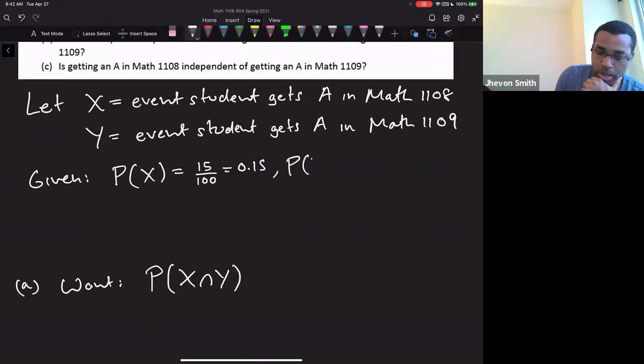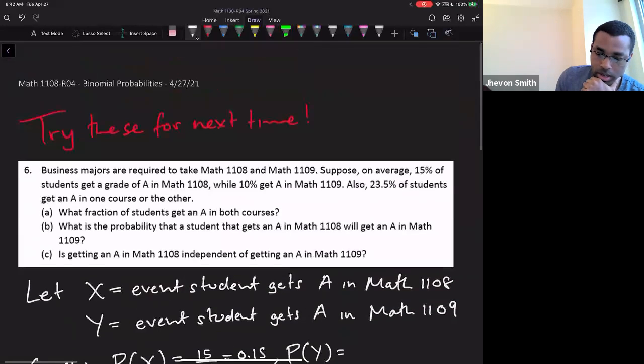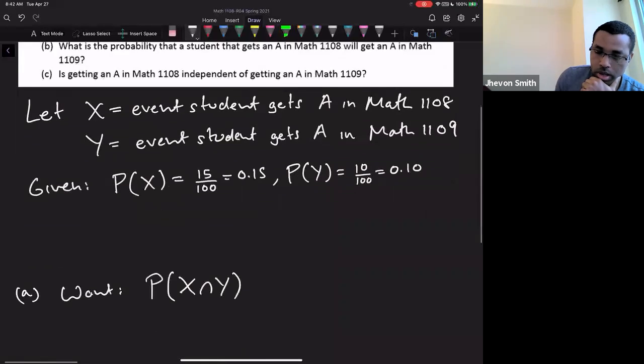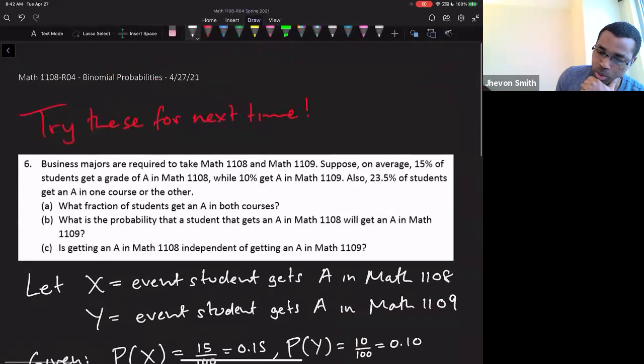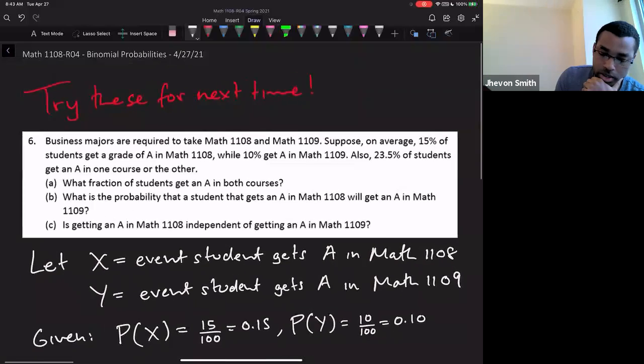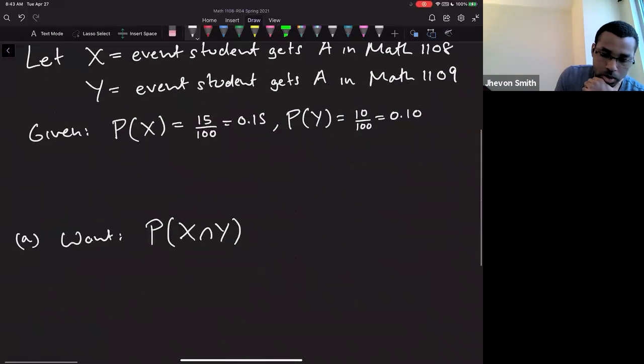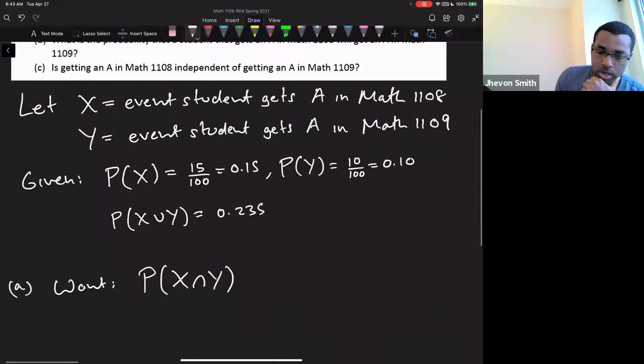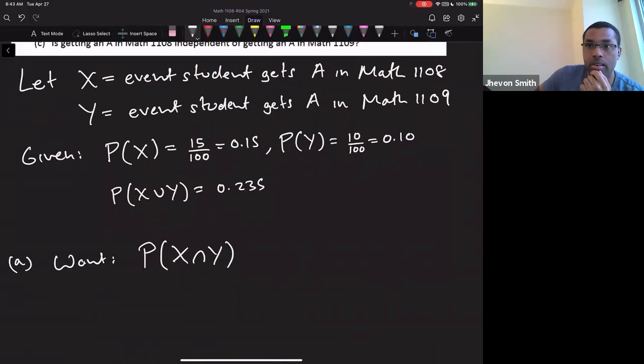We know the probability of Y occurring, 10%. And what do we know? 23.5% get an A in one course or the other, which means we know the probability of X or Y, and this is 23.5%. Okay, so given that information, how can you find X and Y?